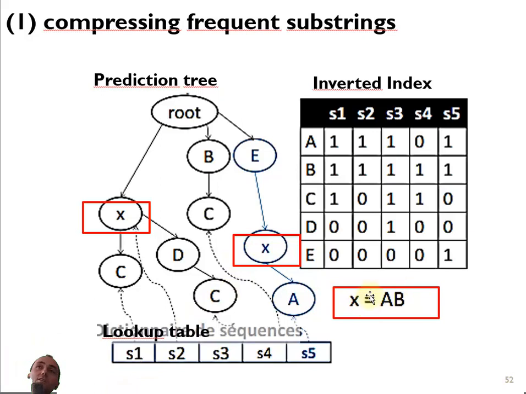X is defined as AB. So what is the advantage of this? I reduce the number of nodes in the tree and the number of pointers between the nodes, and the tree becomes smaller. I save some memory. This is the first optimization. It does not change the accuracy, it just changes the size.